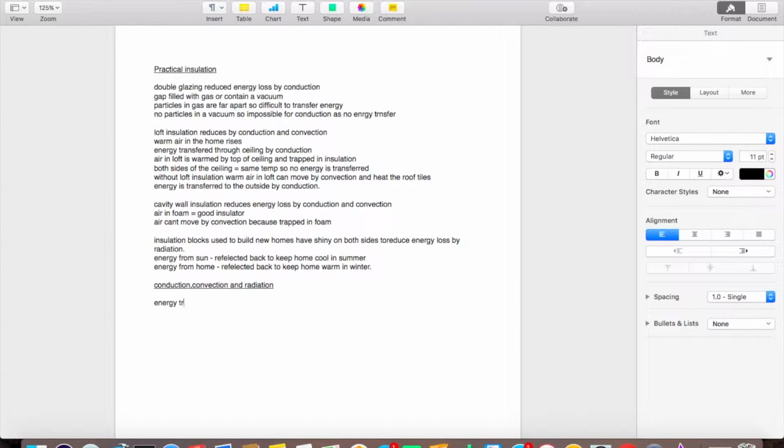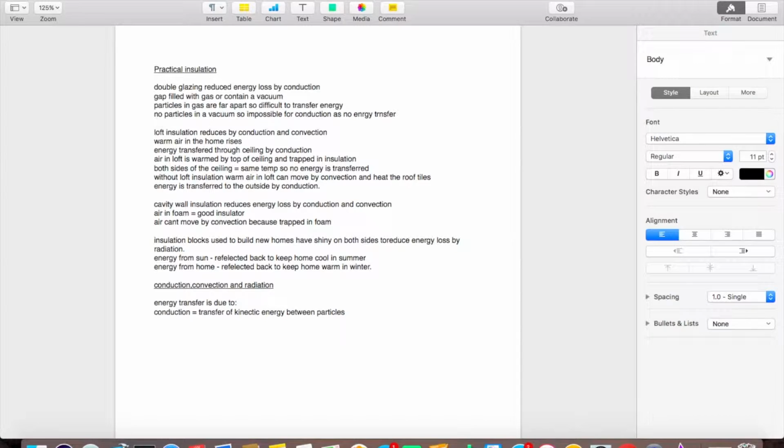Conduction is due to the transfer of kinetic energy between particles.